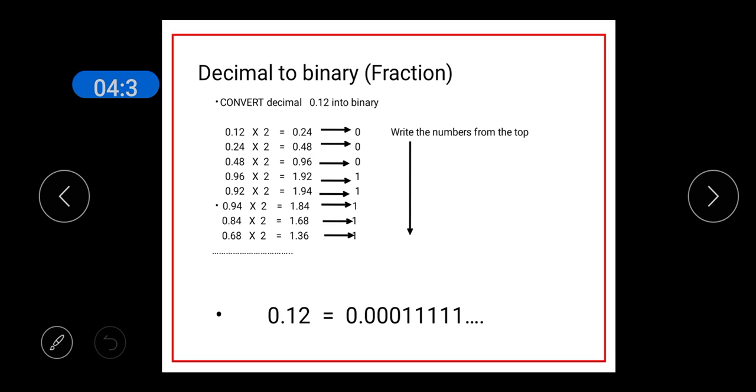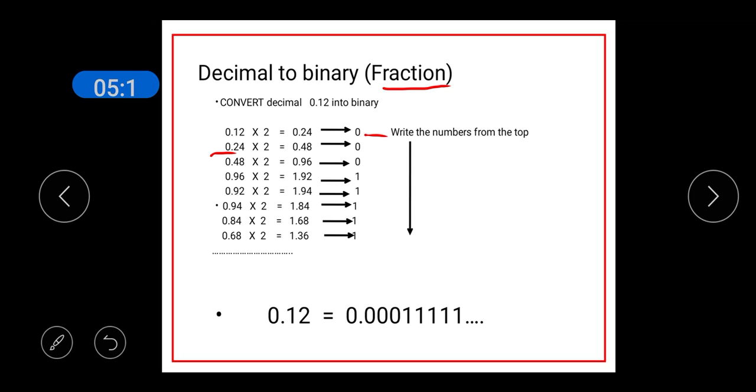Next, consider decimal number in the fractional form. In order to convert this decimal number into binary, instead of dividing by 2, you have to multiply by 2. So 0.12 is the number considered for example. 0.12 is multiplied by 2 to give 0.24. 0 is retained, 0.24 is taken to the other side.